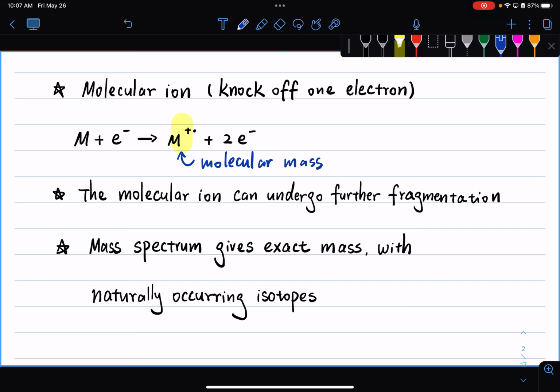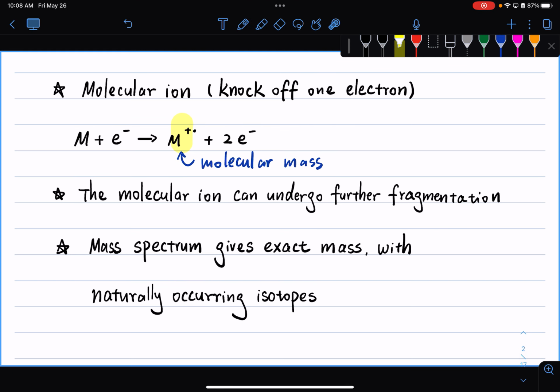If you just knock off one electron, the heaviest possible peak you can get is likely to be your molecular ion. Now that molecular ion can also undergo further fragmentation, and we'll go over some of the fragmentation patterns of organic molecules later on.